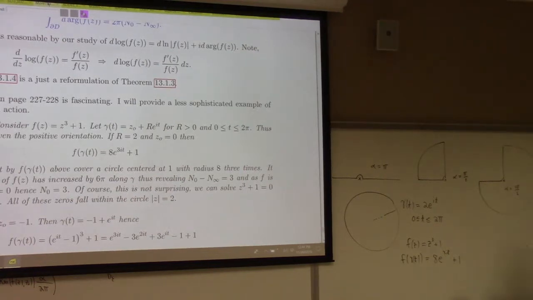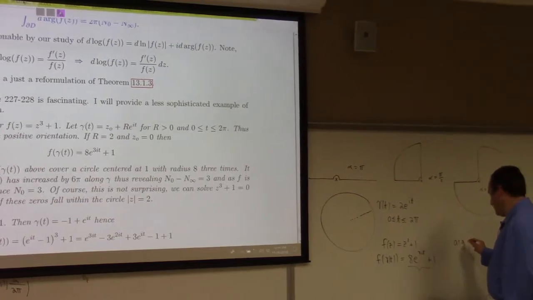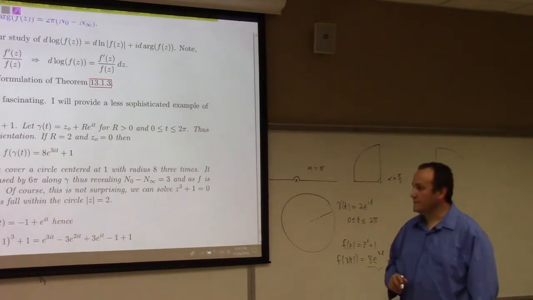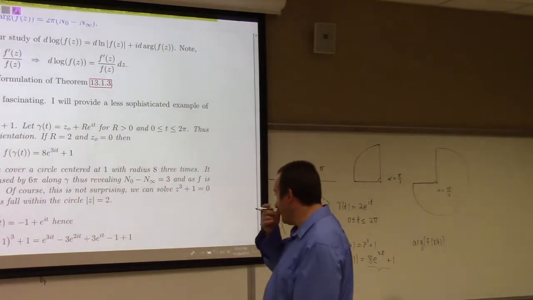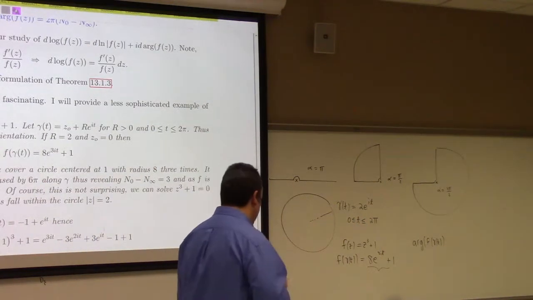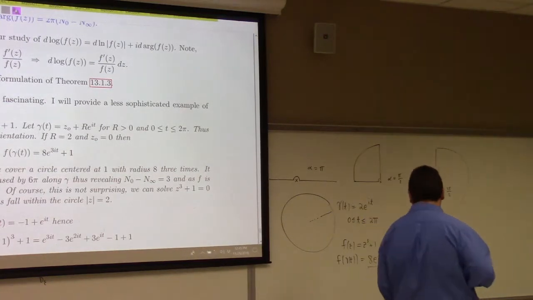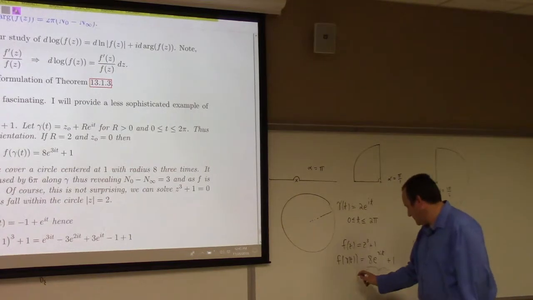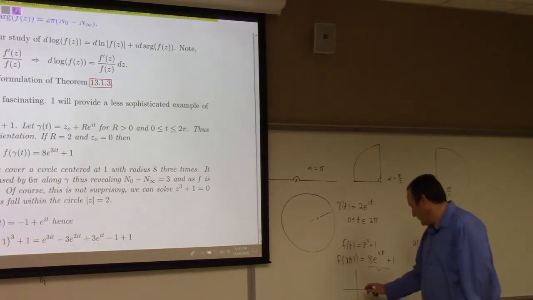So my question is, what can you say about the argument of f of gamma of t? I mean, directly, you could view this, right? It's a circle centered at where? 1, right?